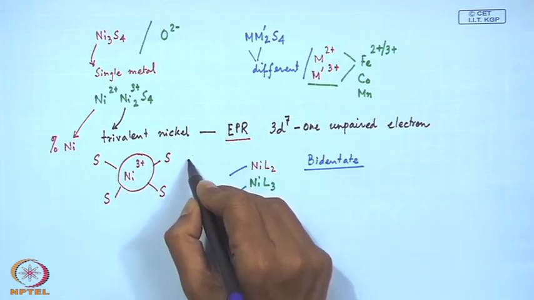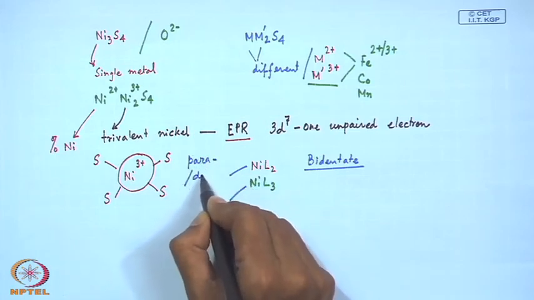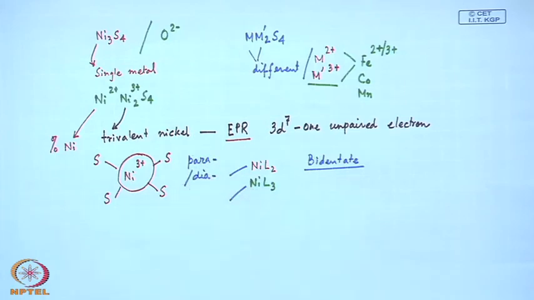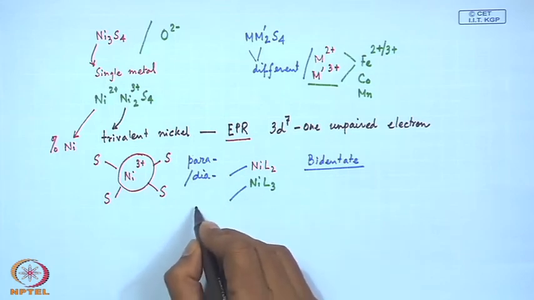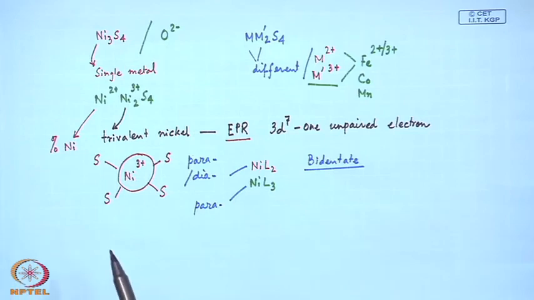Either this NiL2 can be paramagnetic or diamagnetic, and NiL3 can be paramagnetic. So how can we get all this information?